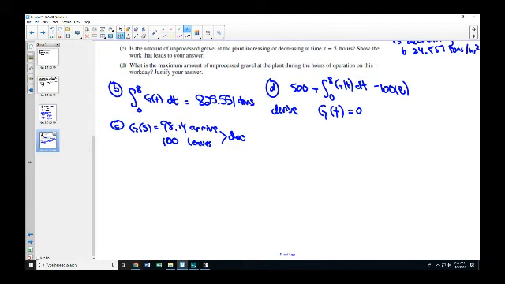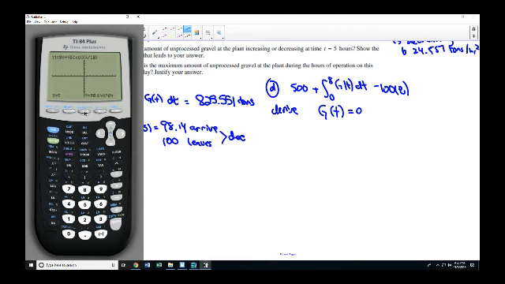Okay, that's a calculator problem. Find the zeros of G from 0 to 8. Remember your zoom fit function. We'll see if that works.